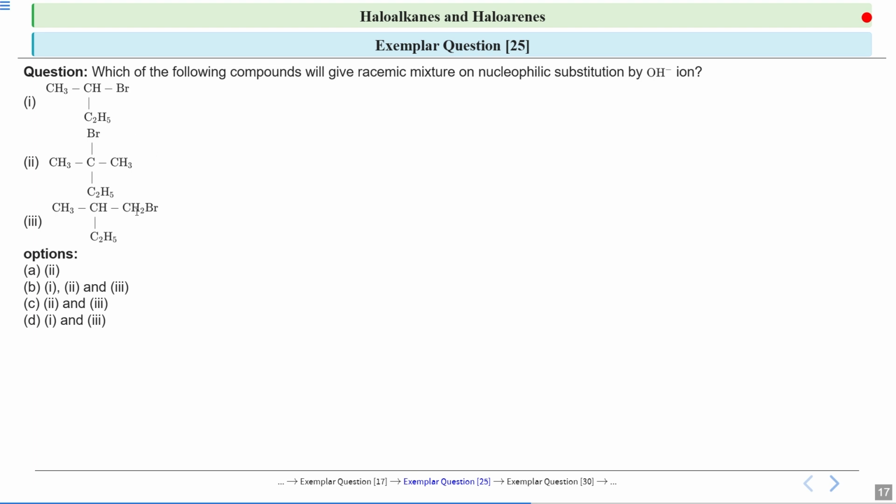Now, if you are able to find the difference between these three molecules, then you can easily depict which compound will give the racemic mixture on nucleophilic substitution. The options are: second compound; first, second and third compound; second and third compound; or first and third compound.